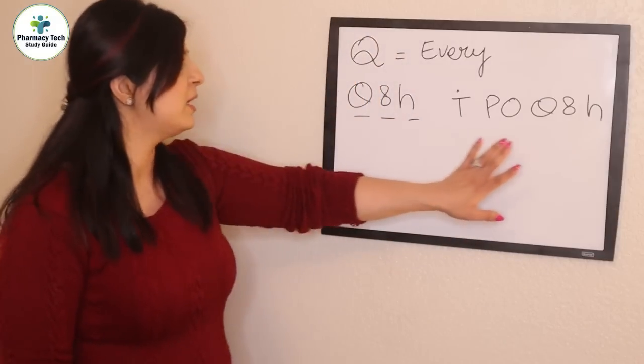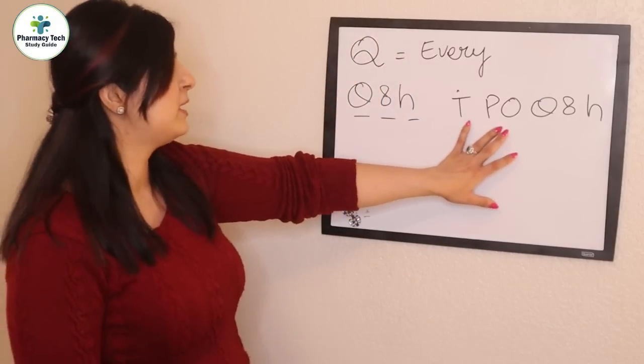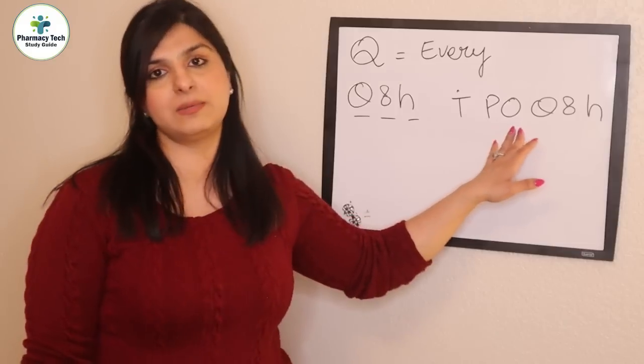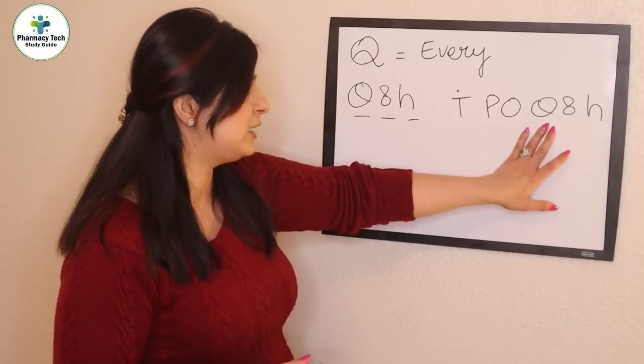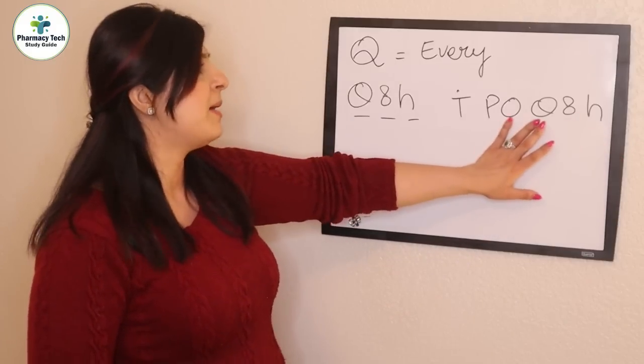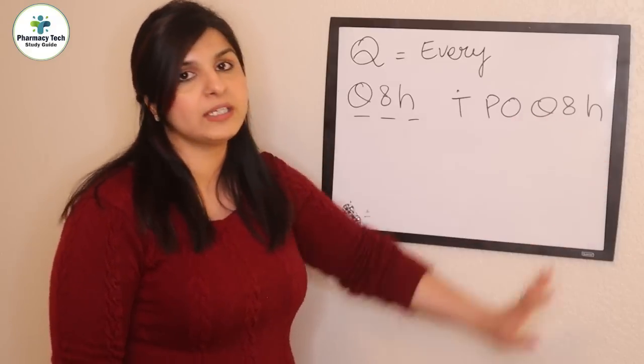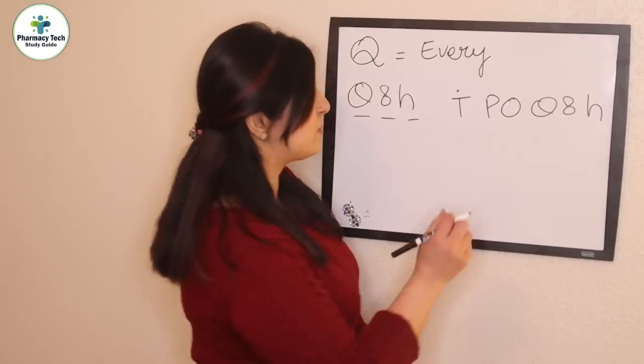Now, what does this mean? 1 tablet by mouth. PO is by mouth. I'm going to talk about it again later. But Q 8 hours means every 8 hours. And here's the thing to remember.